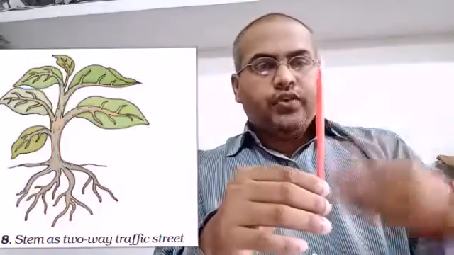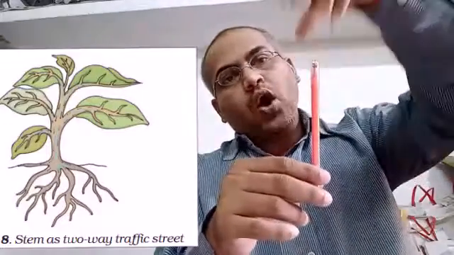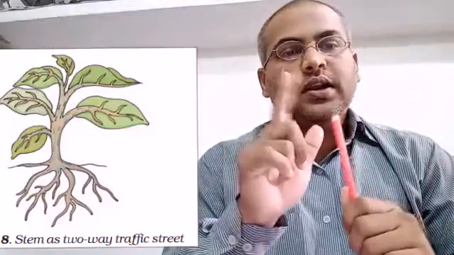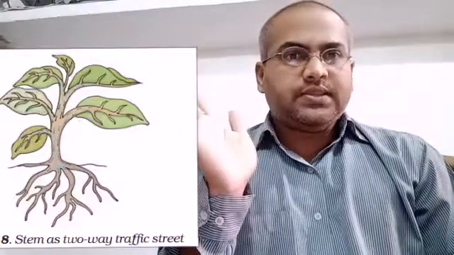And then if we observe, there are some buds which are coming from the top of the stem. This is called apical bud. So there are two types of buds, apical bud and axillary buds.